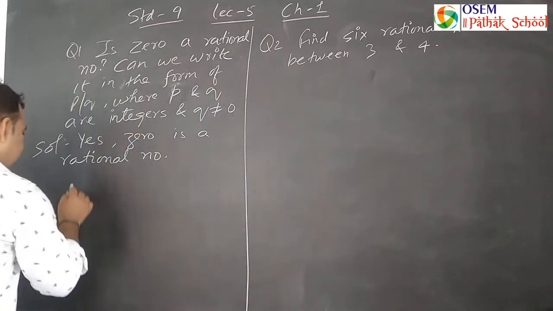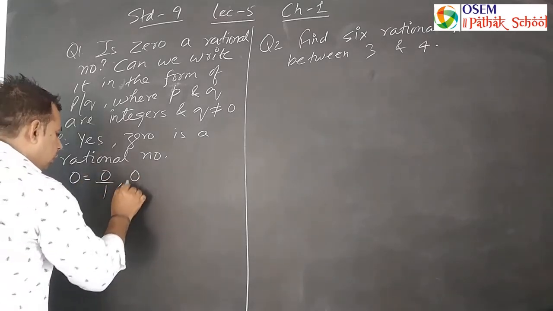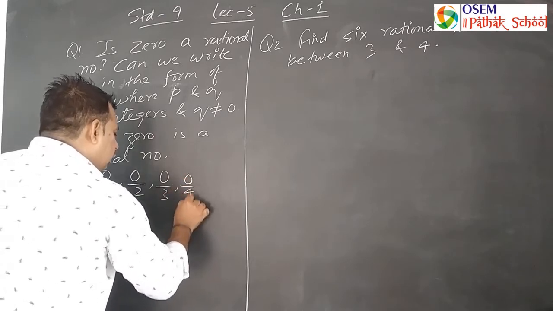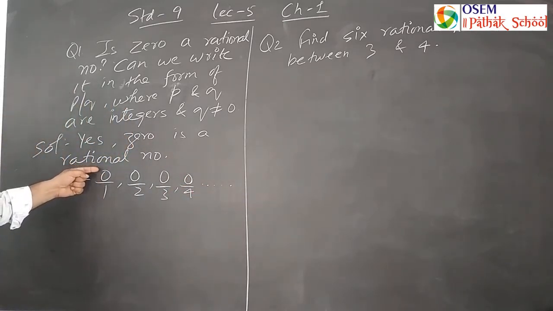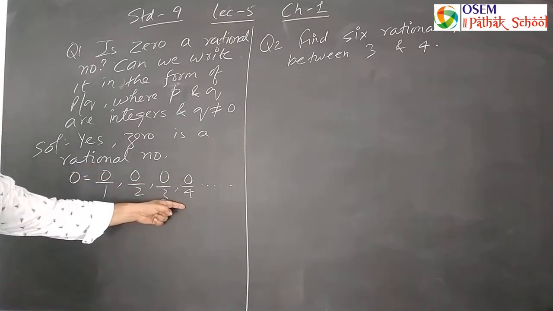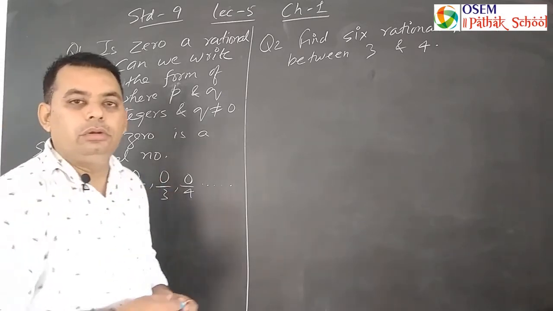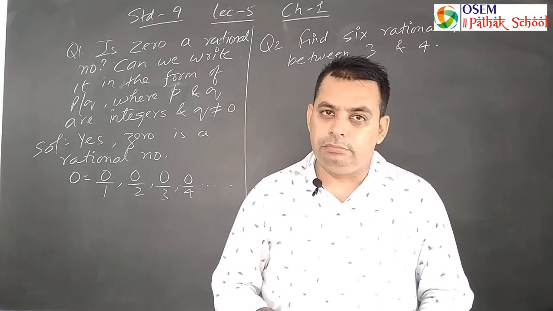So can we write 0 as 0 by 1, 0 by 2, 0 by 3, 0 by 4 like that? You can see over here p upon q, p upon q, p upon q, p upon q, but all the answers are 0. So since it is in the form of p by q, therefore 0 is a rational number.